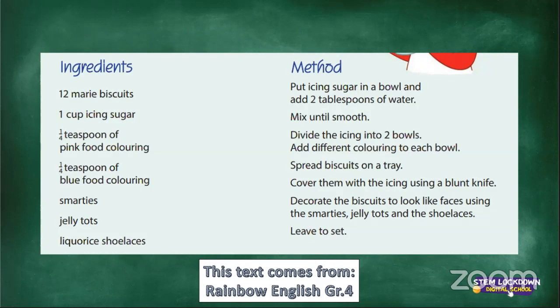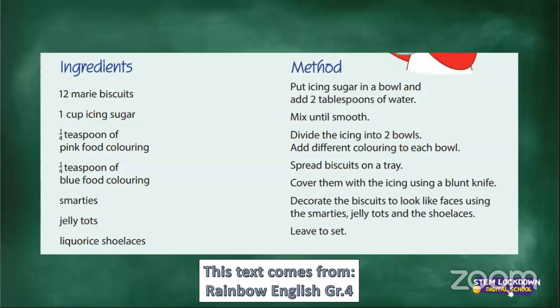Okay, let's read the method together. Remember, you have to read with me. Put icing sugar in a bowl and add 2 tablespoons of water. Mix until smooth. Divide the icing into 2 bowls. Add different coloring to each bowl.